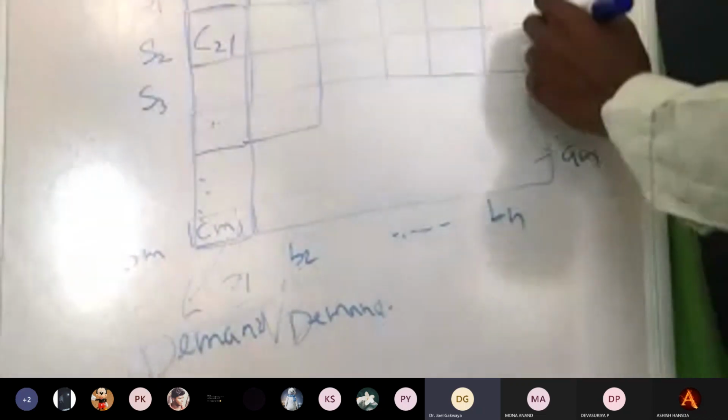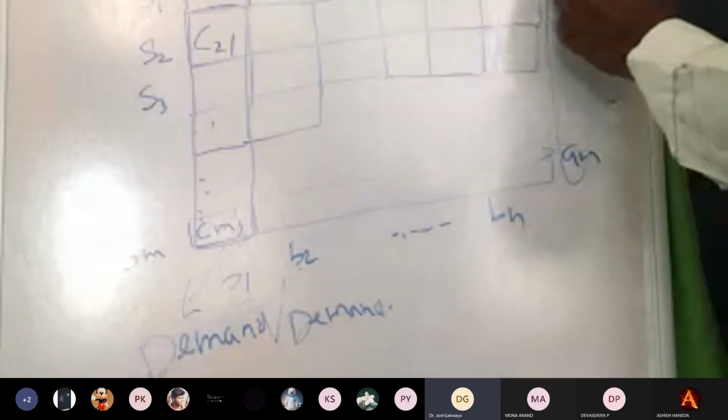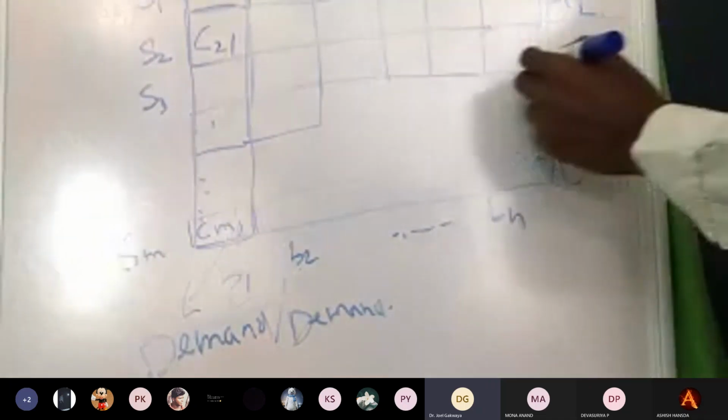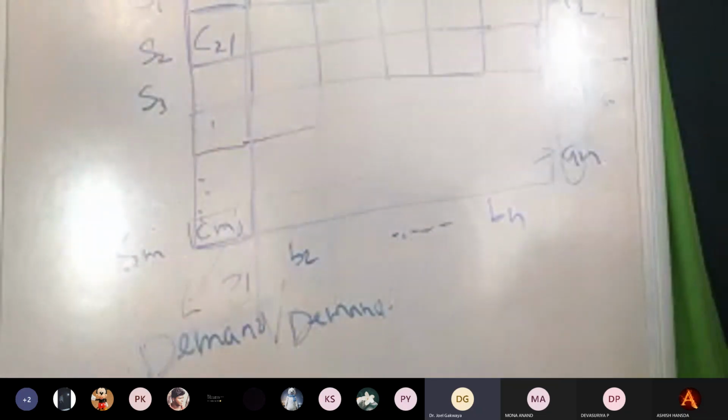Here we are going to have the value of supply, and here the value for the demands, column wise. Clear? So this is what you're going to use in our transportation problem.